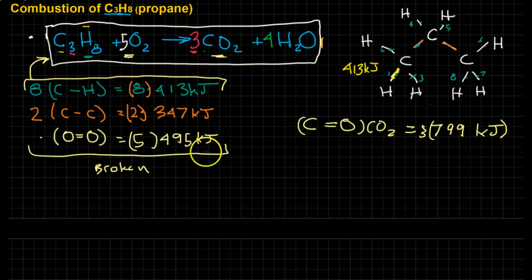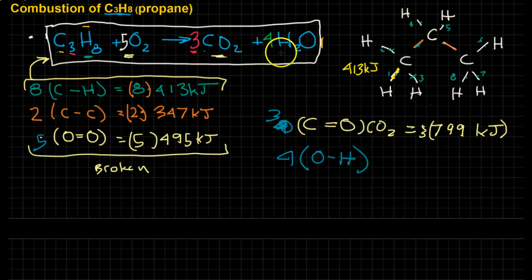Oh, I forgot to put a 5 over here, sorry. So 3 of those, 4 of these. I'm going to have O to H bonds that I need to combine to make the water.